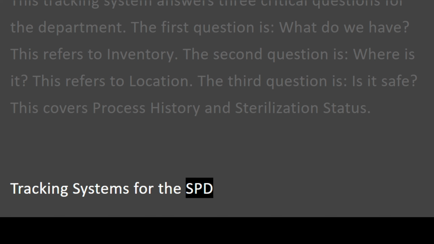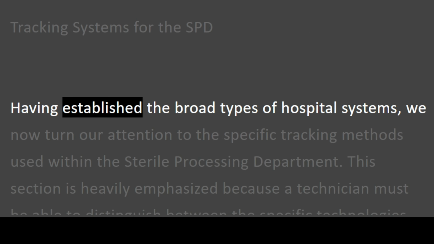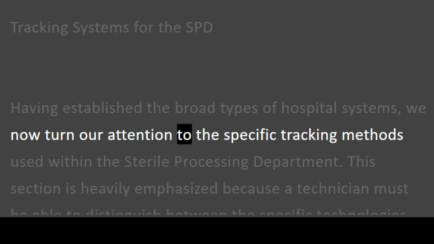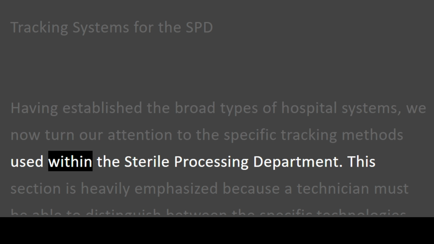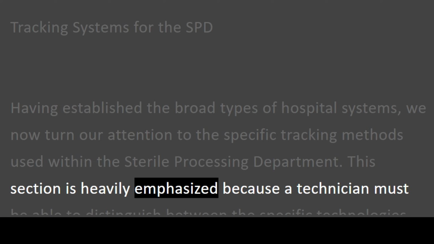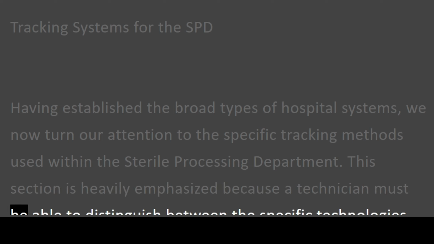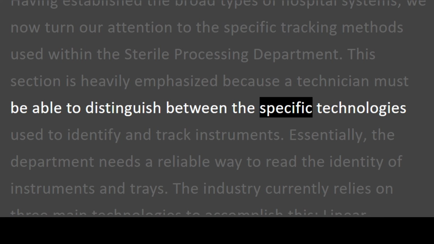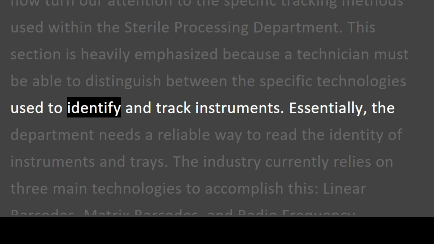Tracking systems for the SPD. Having established the broad types of hospital systems, we now turn our attention to the specific tracking methods used within the sterile processing department. This section is heavily emphasized because a technician must be able to distinguish between the specific technologies used to identify and track instruments.